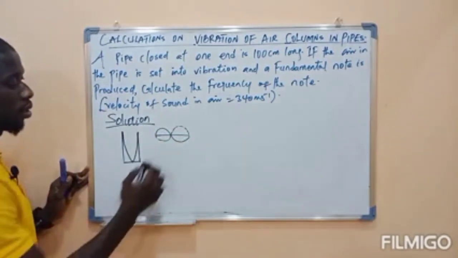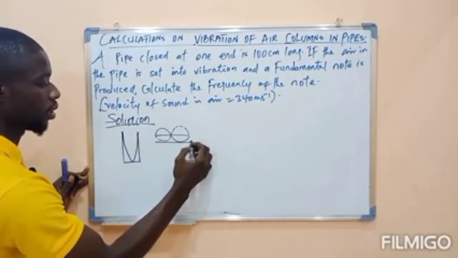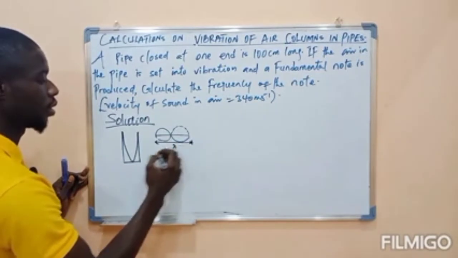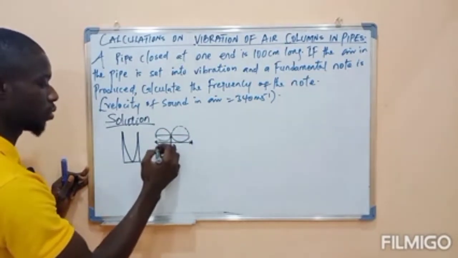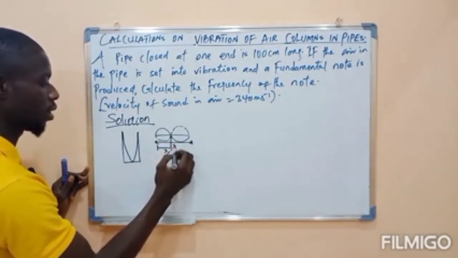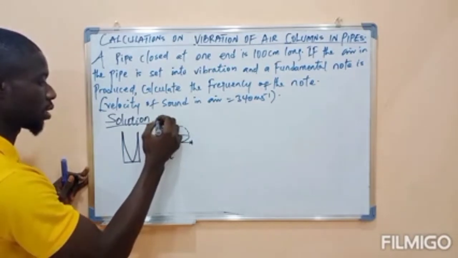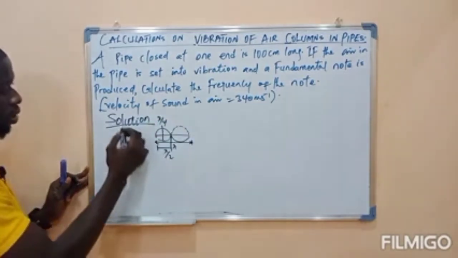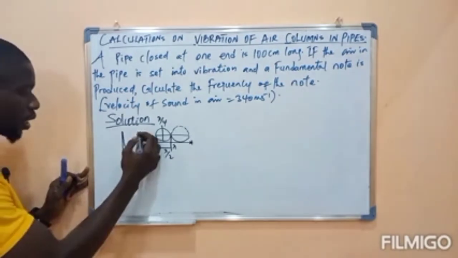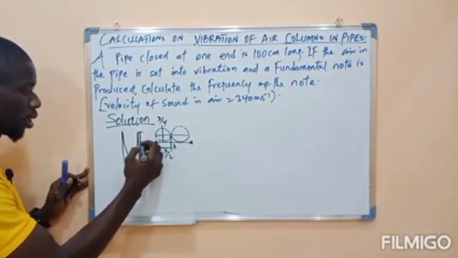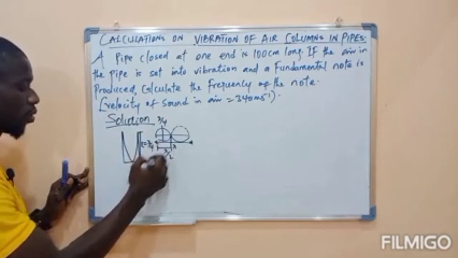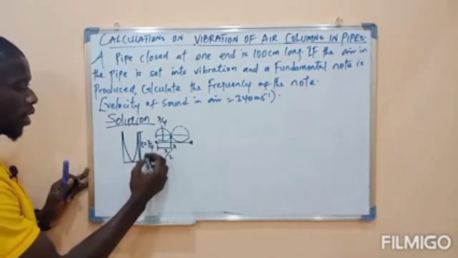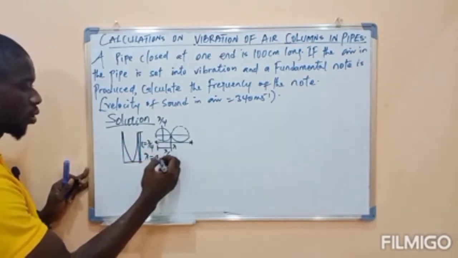From here to this place is a full wavelength, half of it is half, and half of this, which is a quarter, is lambda over 4. So the length of the air column, L, is lambda over 4, and we have lambda equal to 4L.